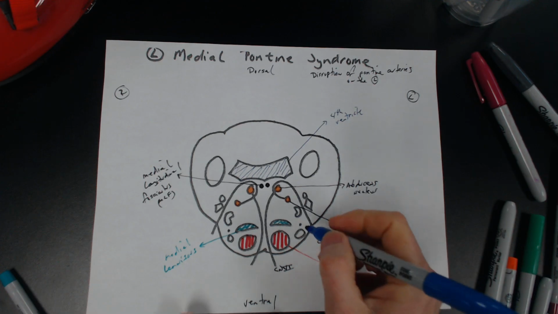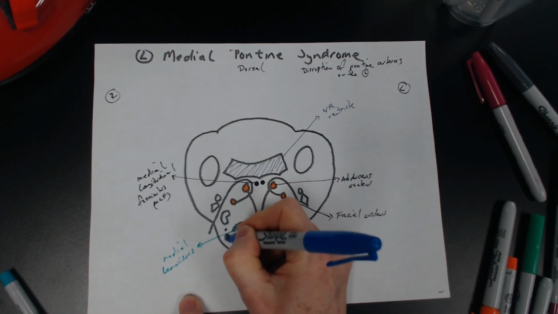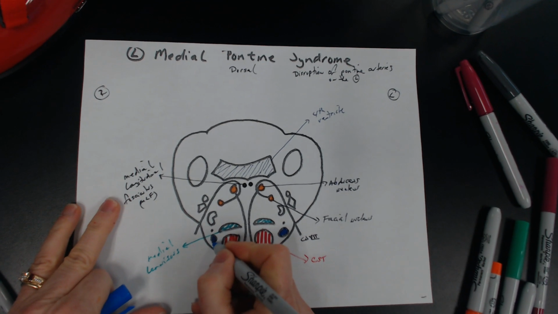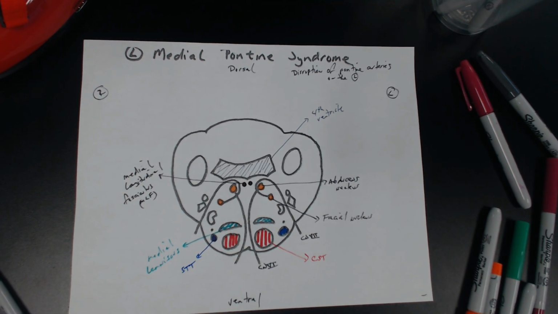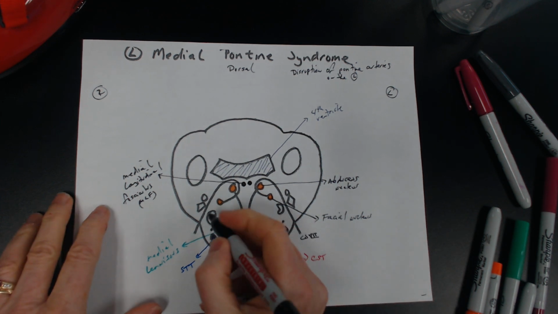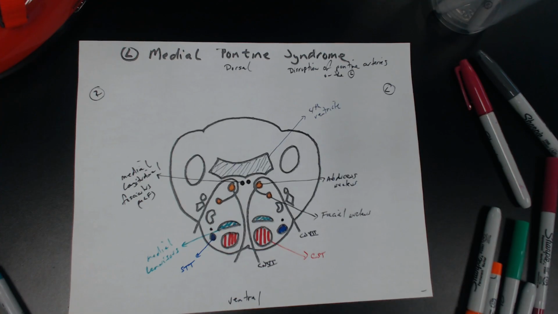Then we have this tract that carries information about pain, temperature, and crude touch from the body all the way up, yep, this is going to be your STT. It's all coming back to haunt you. Usually hanging around with the STT is another small tract that we talked about today, that's your sympathetic tract.